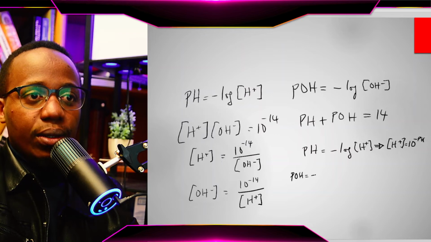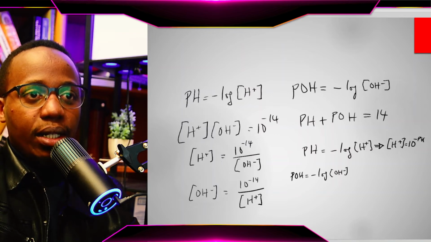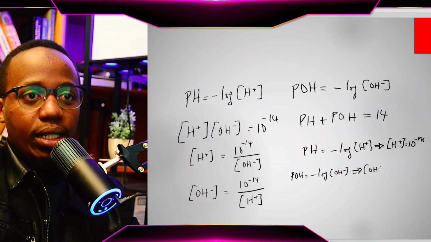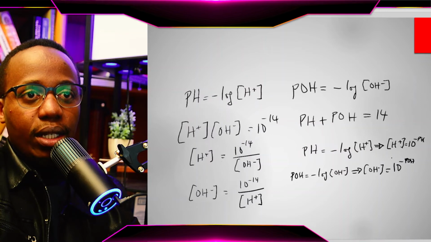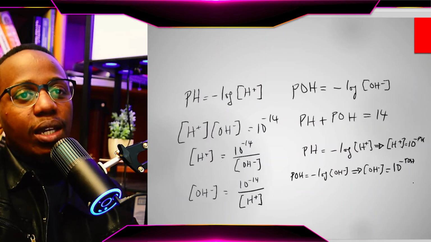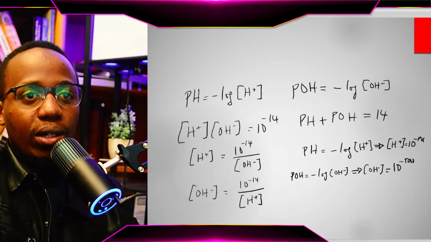pOH is equal to negative log of OH minus. So from here, the OH minus concentration is 10 to the negative pOH. By the way, this right here, we call it anti-log.